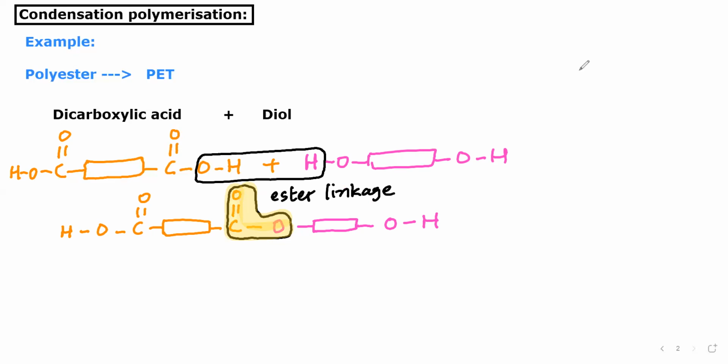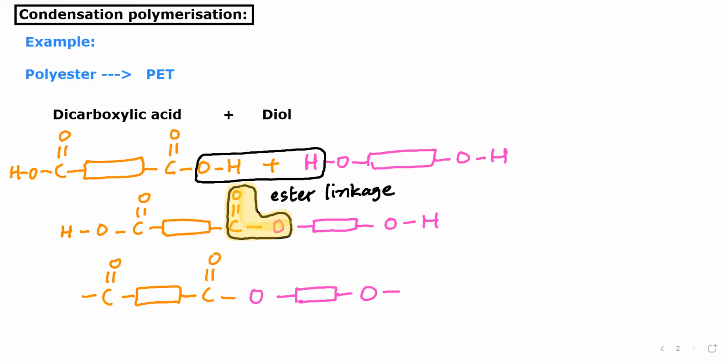Continuation of bonds. All carboxylic will give off their OH bond. Alcohol will give O. So this is one repeated unit, right?